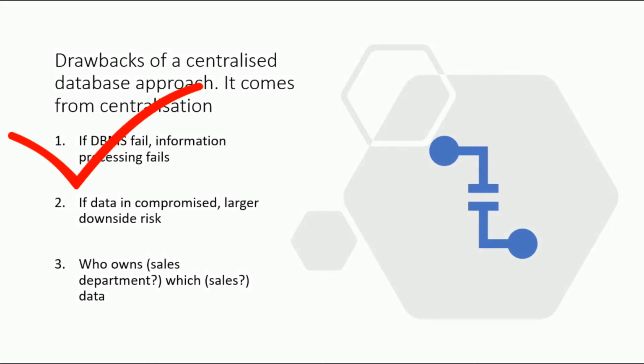First is, if the database management system fails, it affects a greater part of the enterprise, because the central relational database relies on this database management system for data, and then the processing also can be affected because it cannot accept data from the processing.